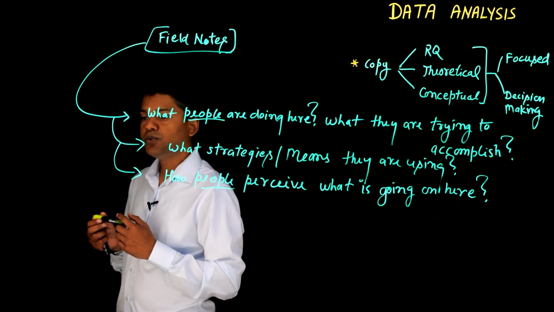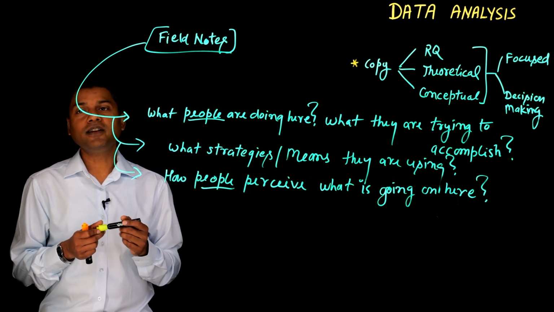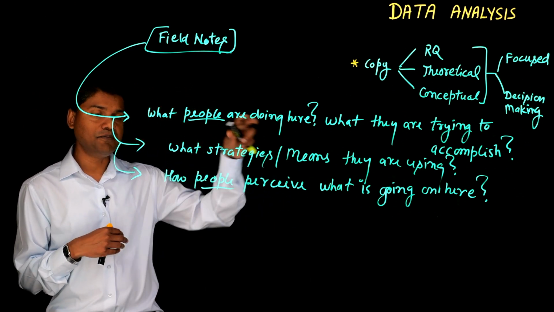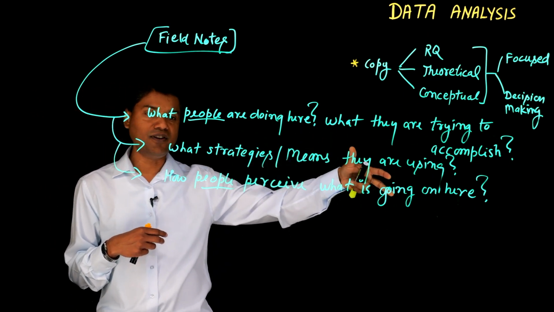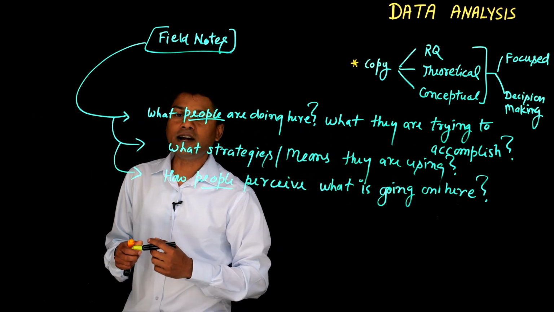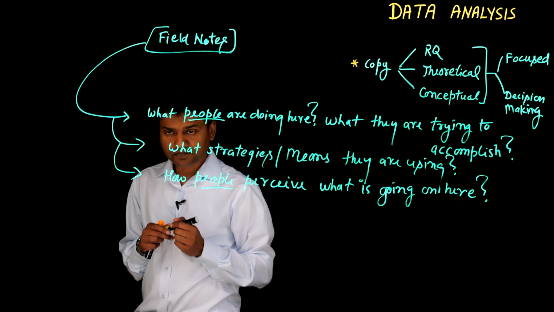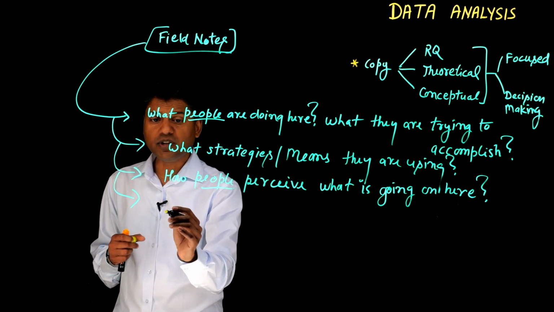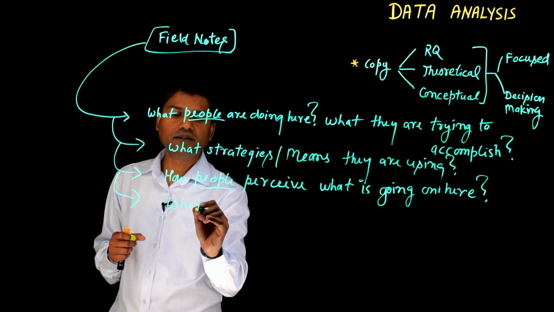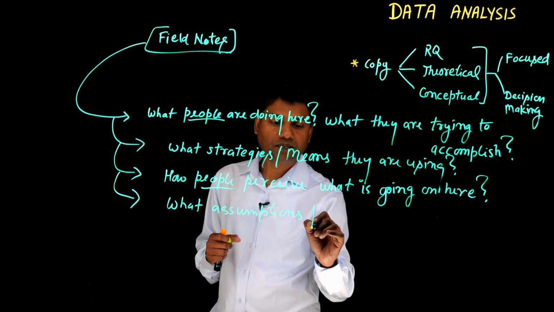And how people perceive what is going on here. So not my perception, but the people I'm observing: what is their perception of what is going on in that natural setting? And another thing to keep in mind: what assumptions are people making here?